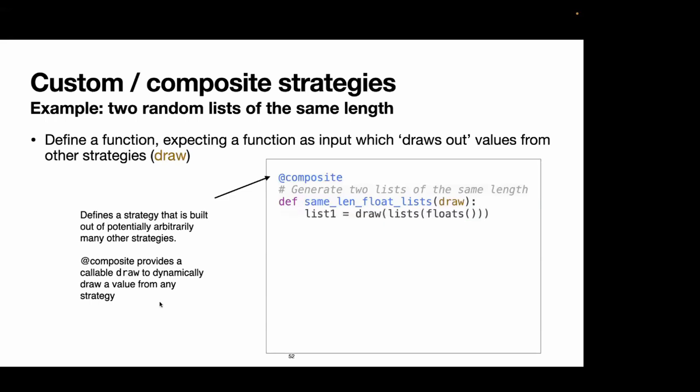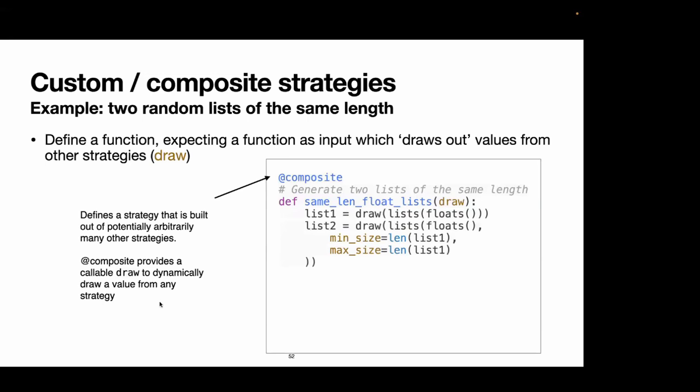So what I'm going to do is use the lists float generator and draw out a value from that, get a first list. I'm going to do it again to make another list, but one of the things I can do to refine the list generator is to specify its size. So in this case, I'm going to say the minimum size and the maximum size of the second list needs to be the same as the first thing that I generated.